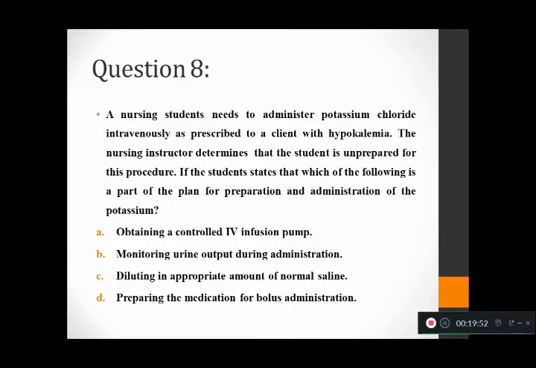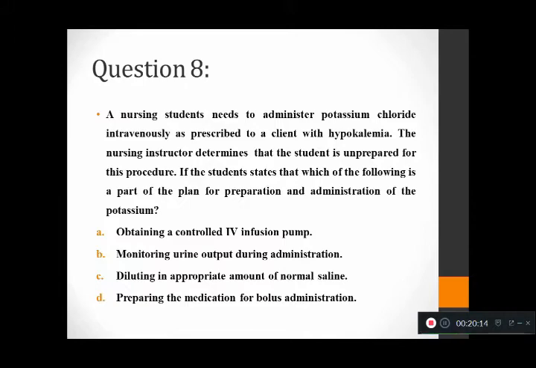So the usual dose we give of potassium chloride is 20 to 40 milliequivalent per liter. Potassium chloride is never given by bolus. It's nothing but IV push. Giving potassium chloride by IV push can cause cardiac arrest.